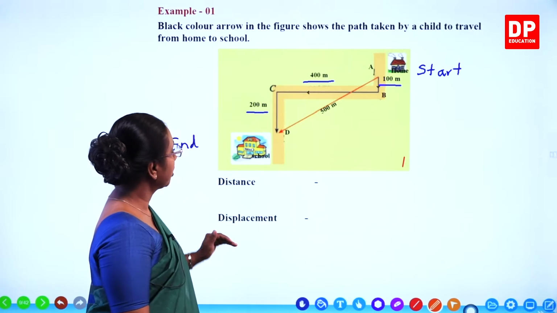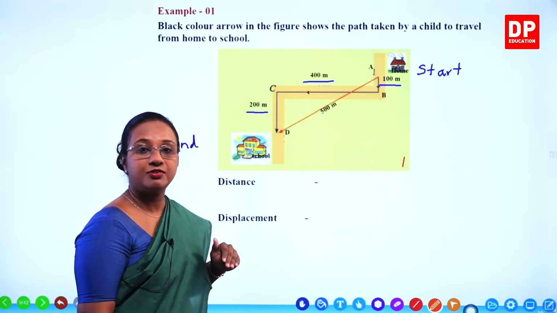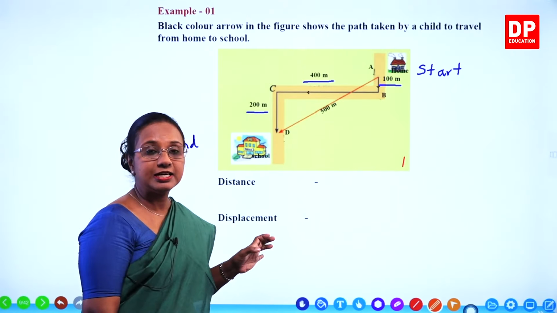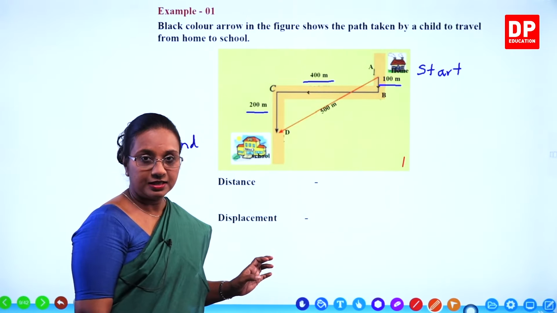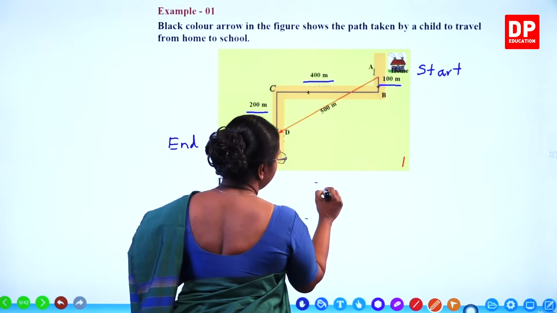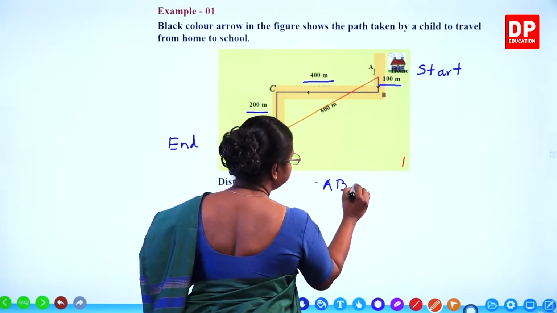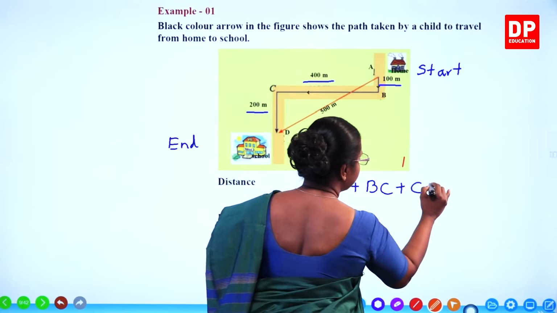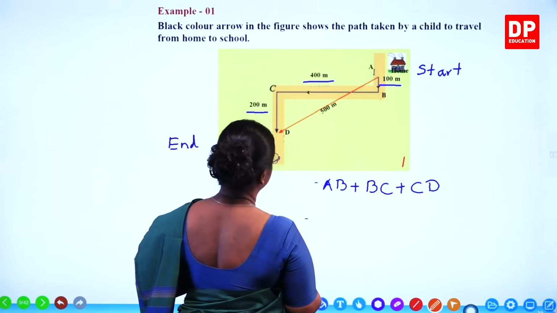But when we talk about the distance traversed by the child, we only consider the length. So here we will have to add the lengths from A to B, B to C, and finally C to D.